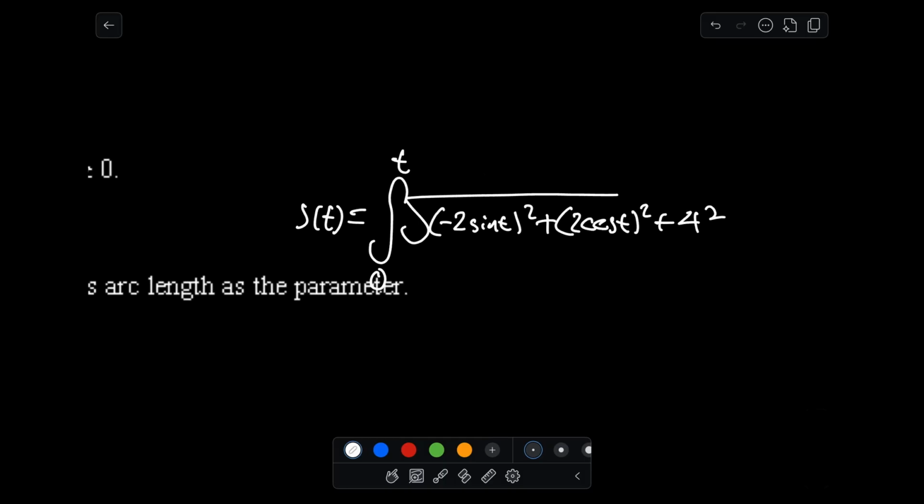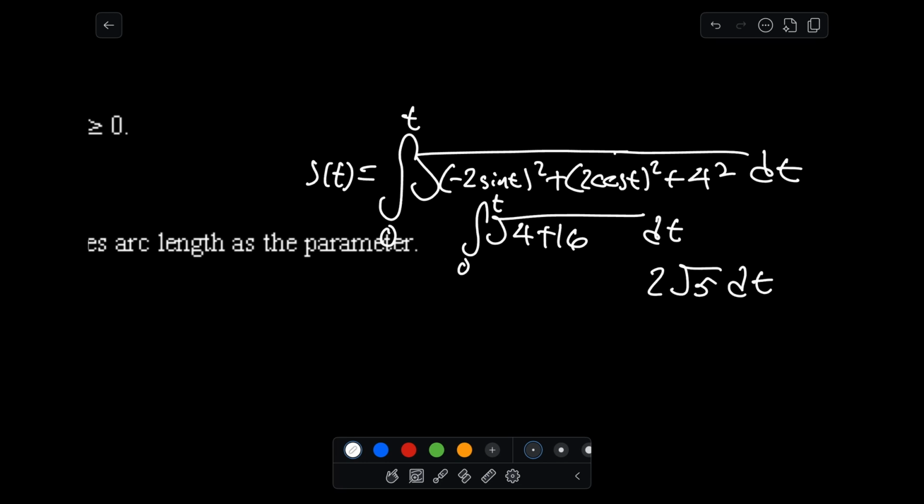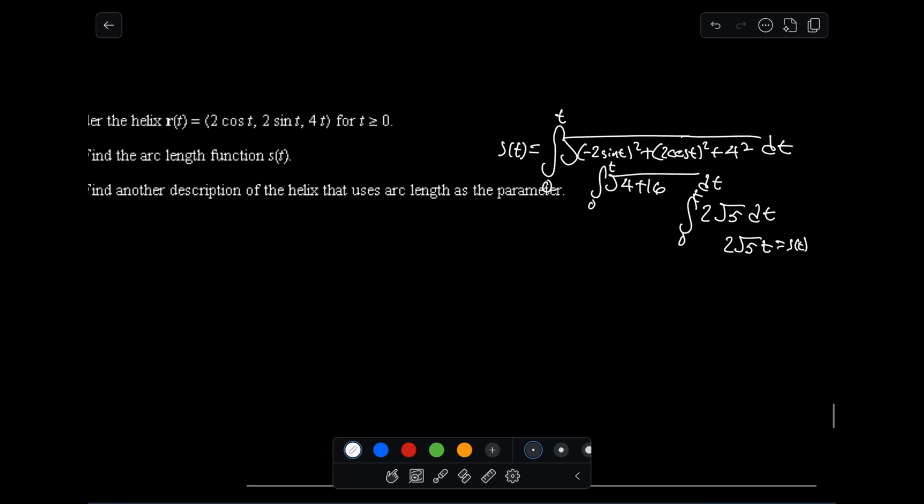Plus 4 squared, dt. We're going to get 4 sine squared t plus 4 cosine squared t plus 4 squared. This is going to be 4 plus 16, from 0 to t, dt. It's going to be 2 root 5 dt from 0 to t. It's going to be 2 root 5 t equals s of t. That's our arc length function.